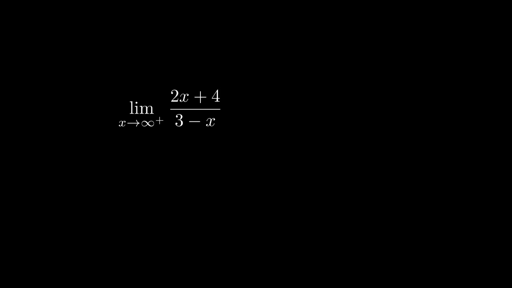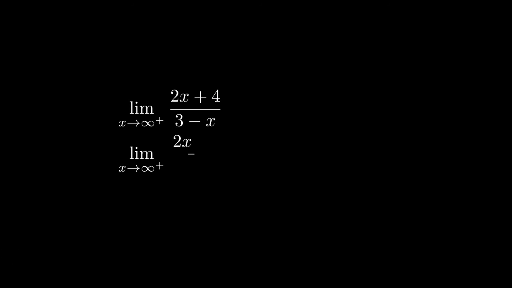And this is interesting. As x approaches infinity, the plus 4 in the numerator and the positive 3 in the denominator become less and less significant, right? Because we're adding 4 to a huge number. We're adding 3 in the denominator to a hugely negative number. So as the x gets bigger, those constants get less and less significant, to the point of approaching insignificance, which means we can throw them out.